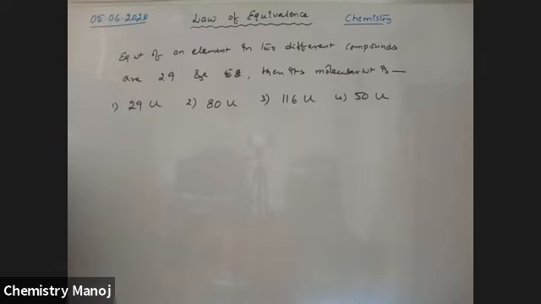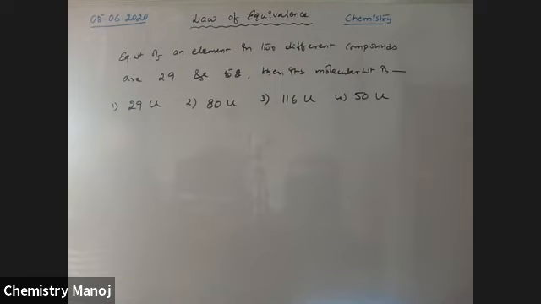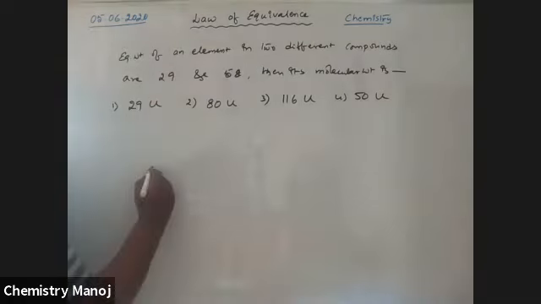Which is the option? The equivalent weight of the same element in different compounds is one is 29, another one is 58. Then its molecular weight is. Let us identify the compound. Let it be KMnO4.